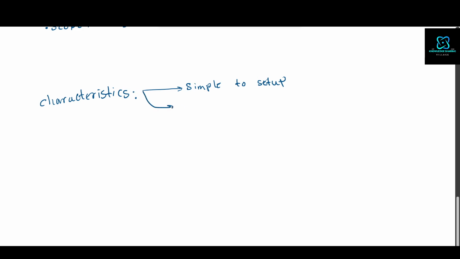And because you don't need to have a networking engineering degree or certificate like that, because as we mentioned, it's easy and simple to set up, therefore it needs minimal network management.